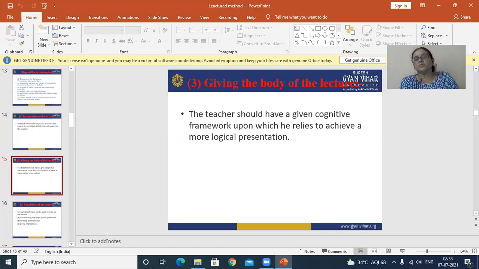Giving the body of the lecture, the teacher should have a given cognitive framework upon which he relies to achieve a more logical presentation.